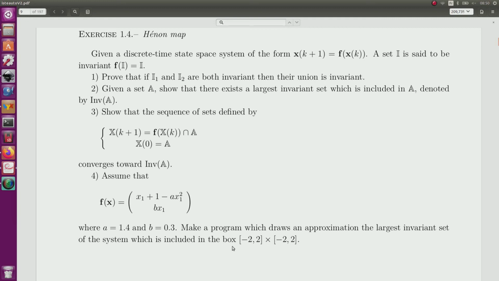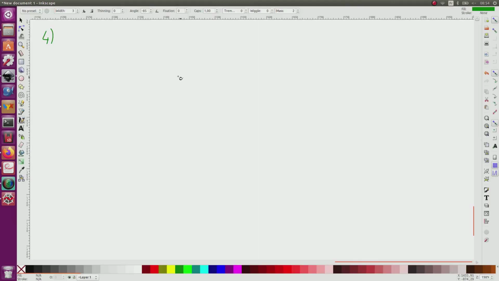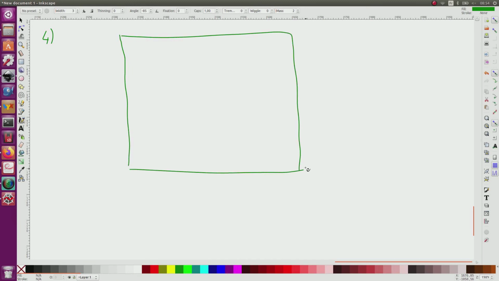And the set A to be considered is the box [-2, 2]. So I take a box like this, which corresponds to A, and I have to compute the largest invariant set of A. So it satisfies this equal to this.